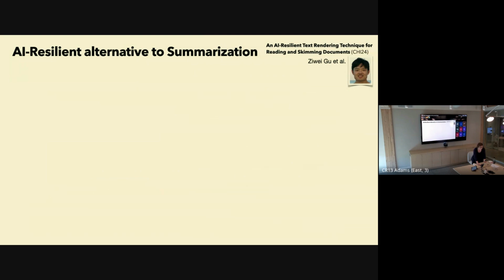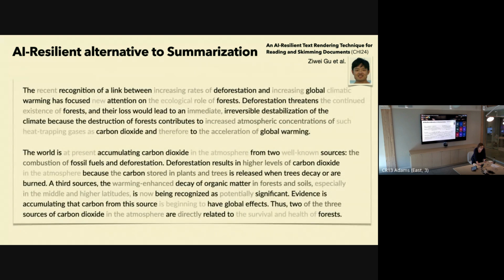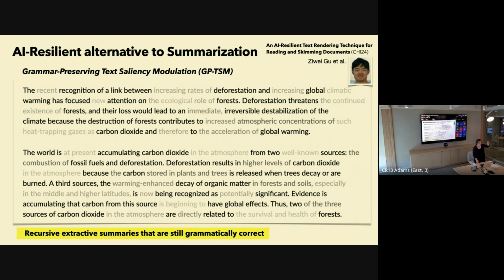I'll go instead. But AI-resilient alternatives to summarization are basically the exact same document, and we're just changing the salience of the words. We do that by preserving the grammar of the sentence in these recursive extractive summaries that are reified in text salience.